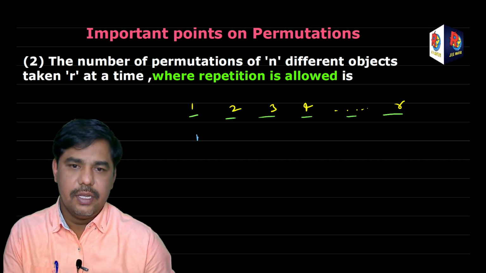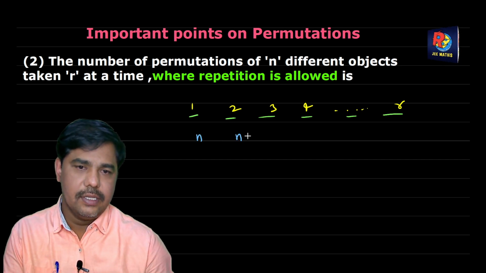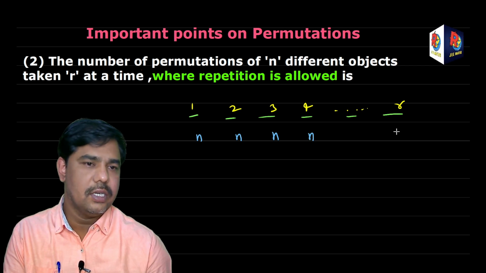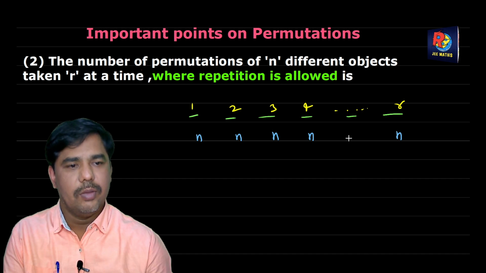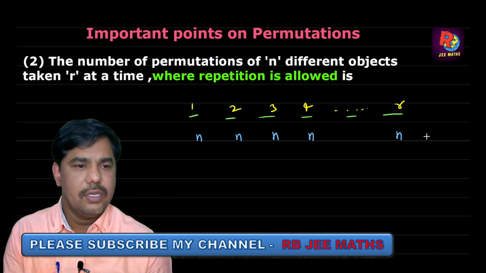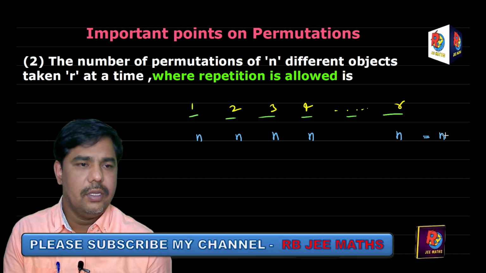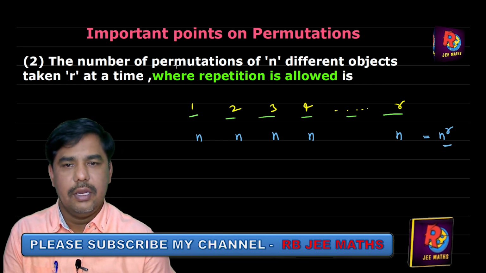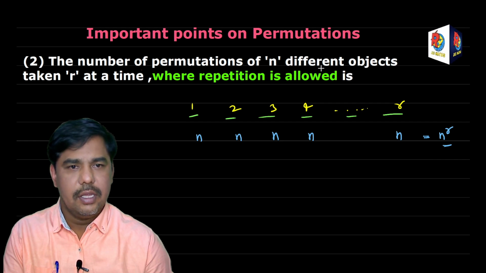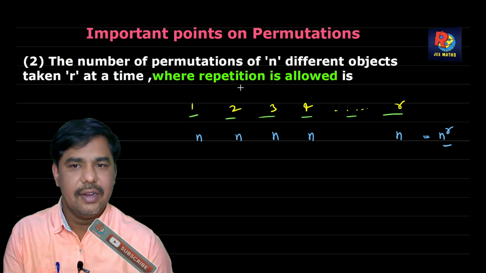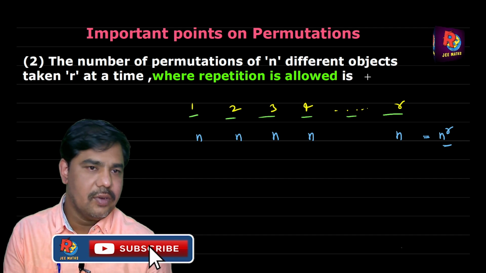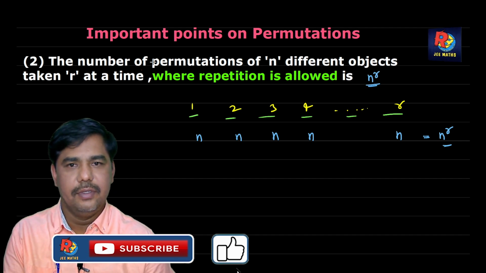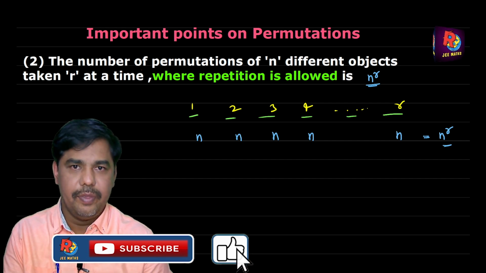So the first place also n objects, second place also n objects, third place also n objects, fourth place also n objects, and rth place also n objects. By using the multiplication law, it will be n power r. So the number of permutations of n different objects taken r at a time where repetition is allowed is n power r. We can use this formula.